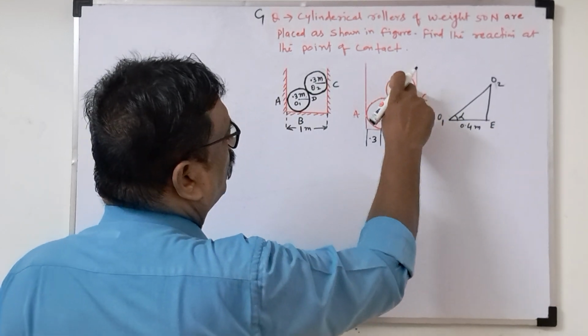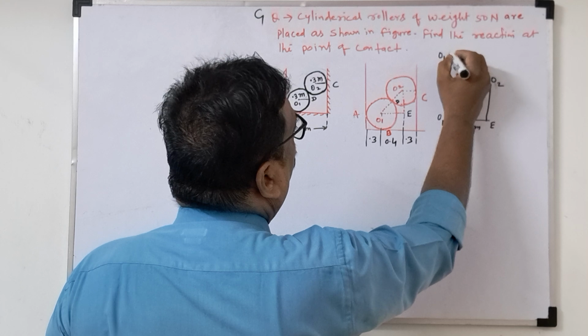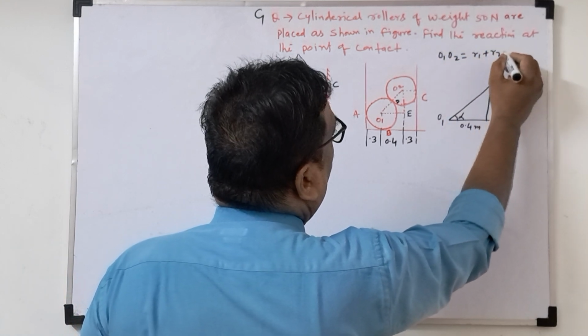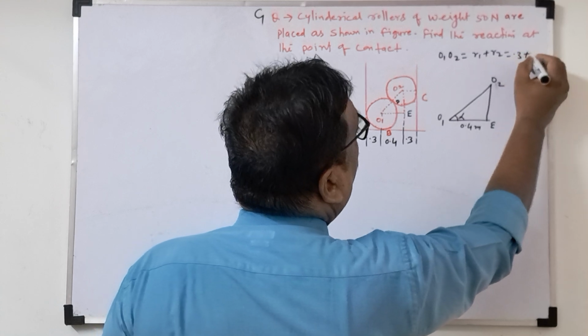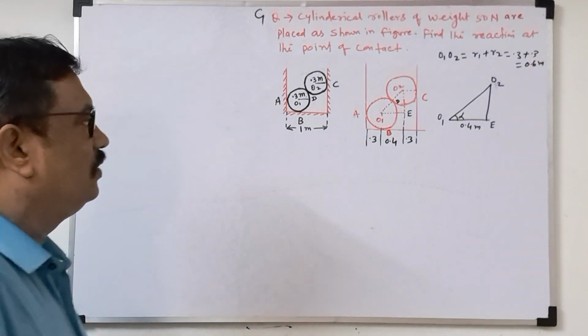Then what is the O1 O2 distance? O1 O2 is nothing but R1 plus R2, so this is 0.3 plus 0.3 equal to 0.6 meter.